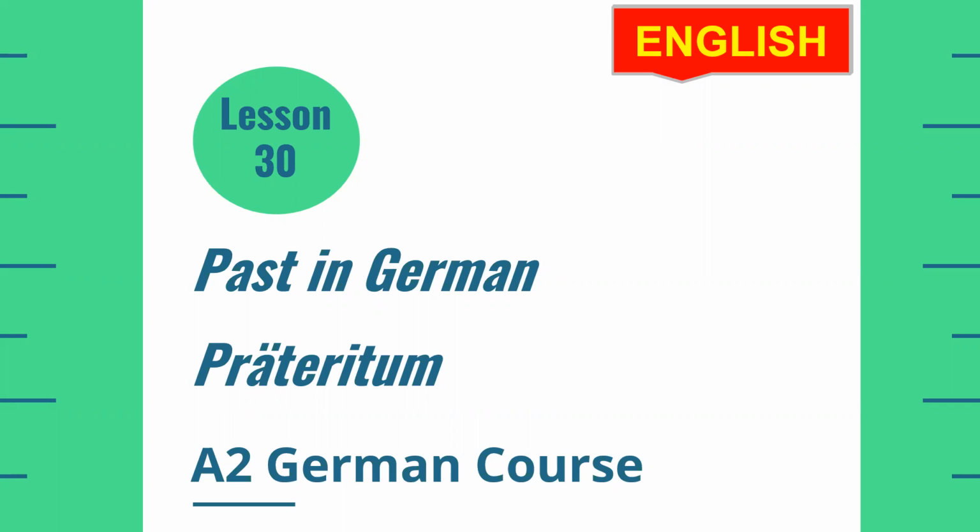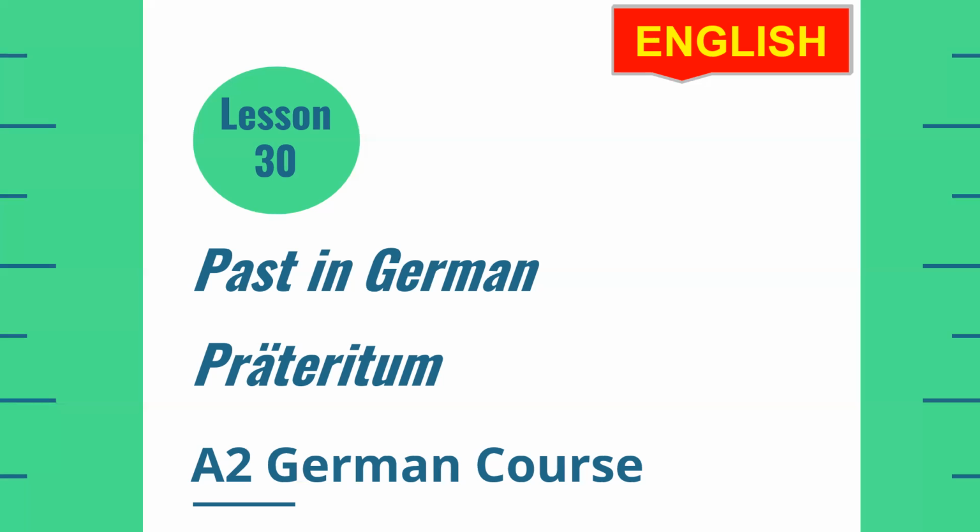However, it is very frequently used in written German whenever we want to talk about events that have happened in the past. So it is very frequently used in newspapers and novels, etc. But in spoken German, past tense is very rarely used.